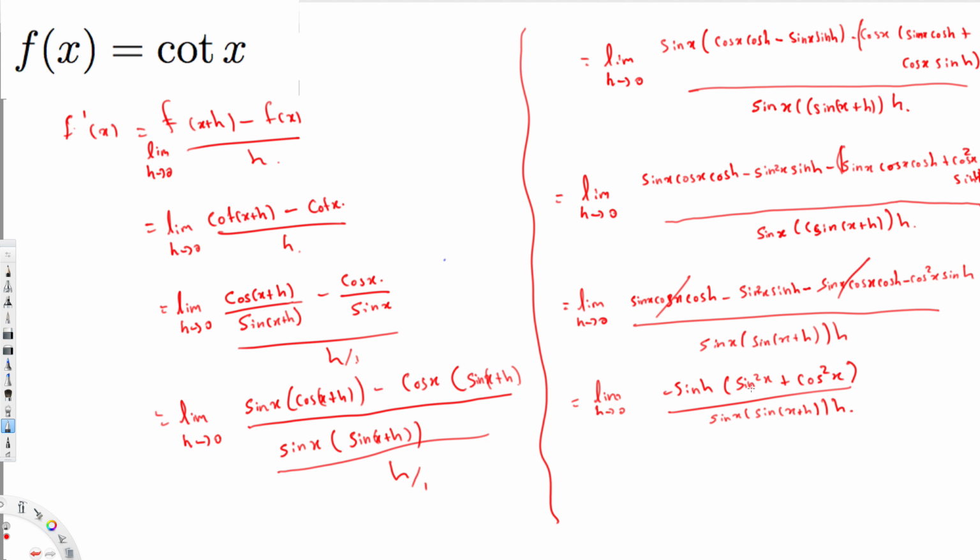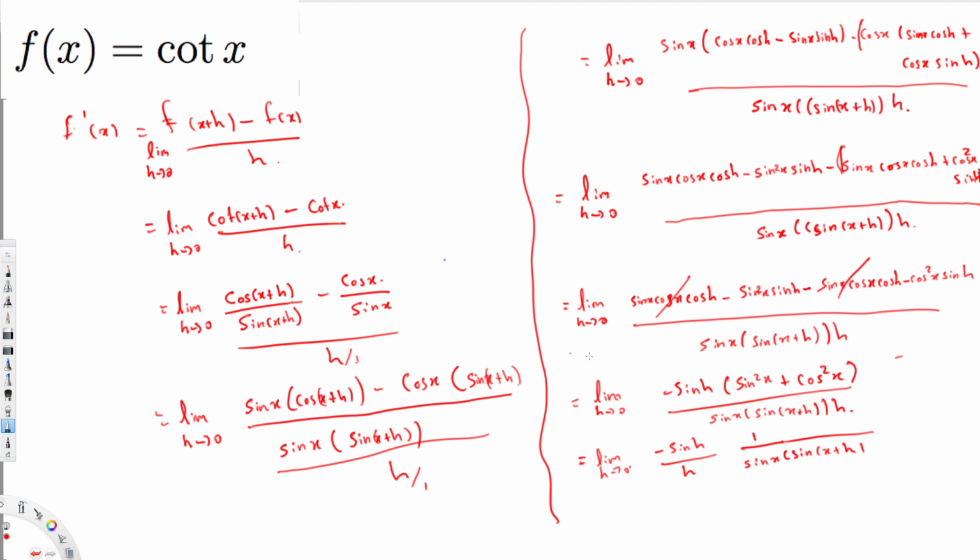You know sin square x plus cos square x is equal to 1, that is trigonometry, and therefore I can substitute 1 for this. So limit h approaches 0, I take this one apart, sin h over h, because there's a reason behind it, I'll show it. The other one is going to be 1 over sin x times sin of x plus h.